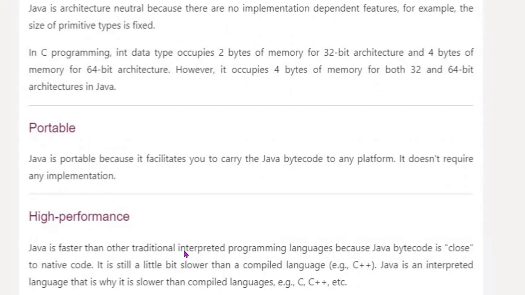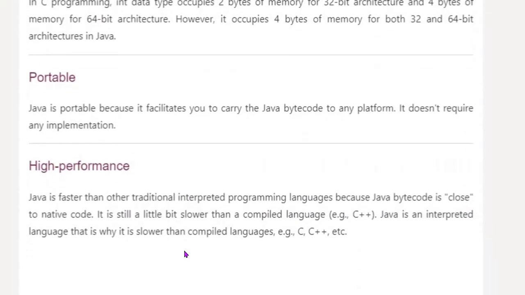You will use the Java libraries only, and using the library you write the code, but you don't have to write separate code for separate platforms. You write the same code, and when it is converted into bytecode, this bytecode will be transformed into different formats based on different runtime environments. The runtime environment will identify it accordingly, based on the type of operating system it has in the backend.